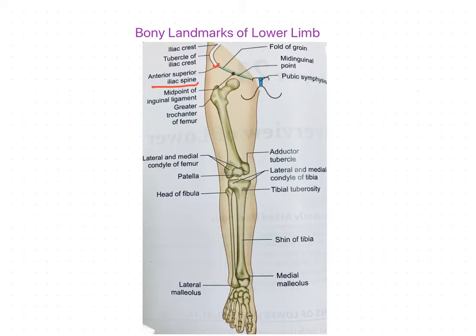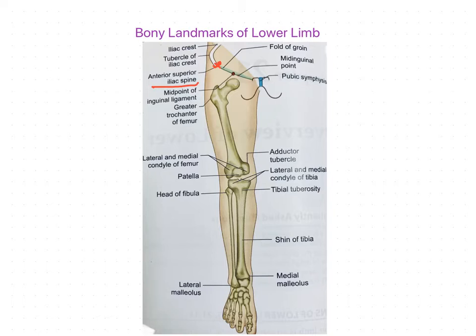It is an easily palpable bony part at the lateral end of the junctional crease between the anterior abdominal wall and the thigh. So we can easily palpate between the anterior abdominal wall and the thigh.